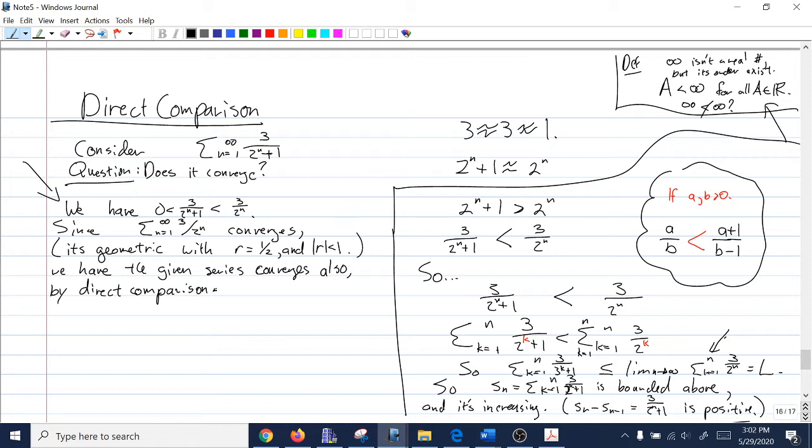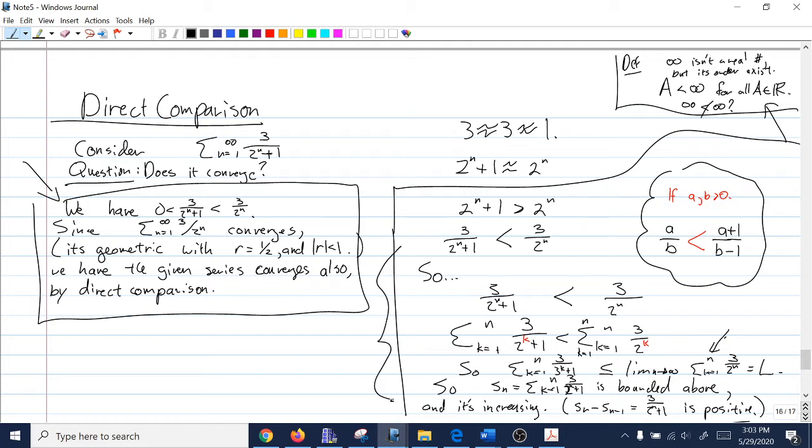And that's all we need to say. The words "direct comparison" are doing all of this mess for us. This is why we prove theorems, so that we can cite them later. Here's a pretty good example paragraph using direct comparison.